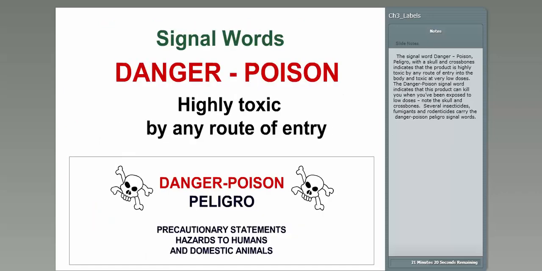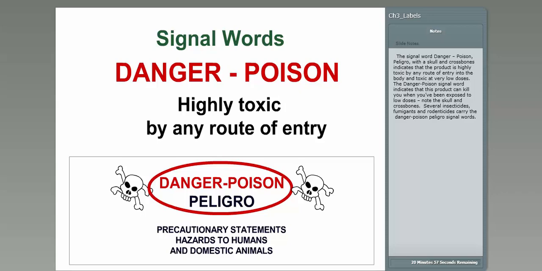The signal word danger-poison, peligro, with the skull and crossbones indicates that the product is highly toxic by any route of entry into the body and toxic at very low doses. The danger-poison signal word indicates that this product can kill you when you've been exposed to low doses. Note the skull and crossbones.